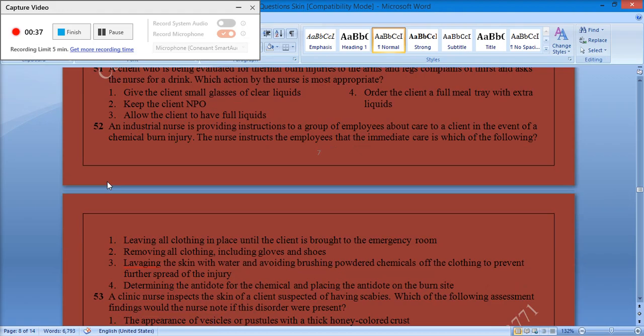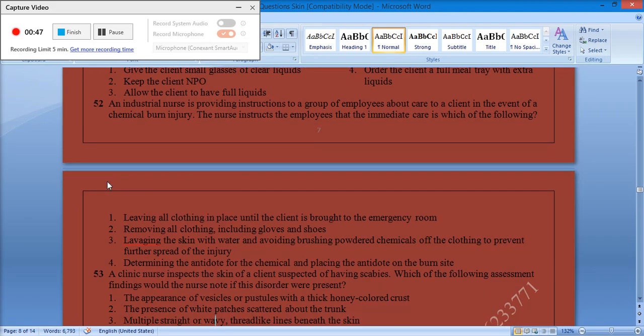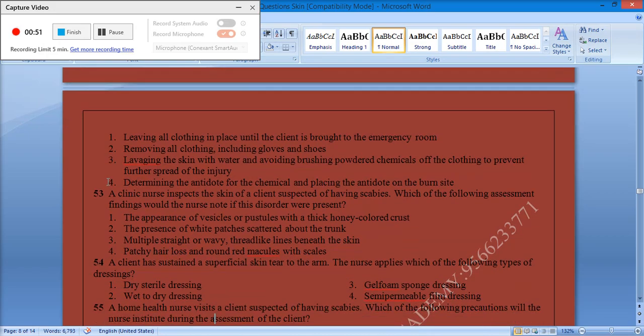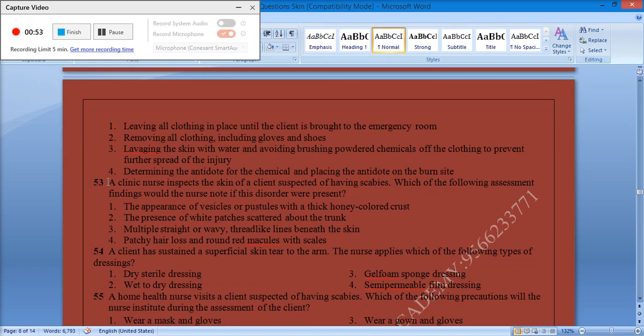152. An industrial nurse is providing instruction to a group of employees about care to the client in the event of a chemical burn injury. The nurse instructs the employees that the immediate care is which of the following? 1. Leaving all clothes in place until the client is brought to the emergency room. 2. Removing all clothing including gloves and shoes. 3.